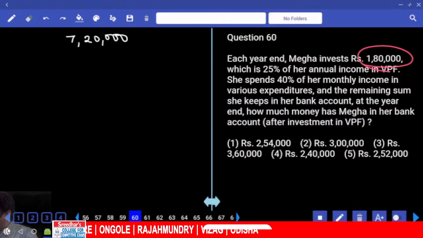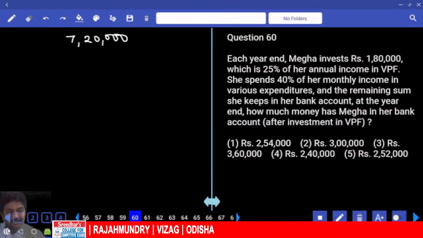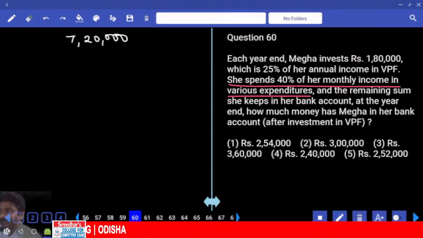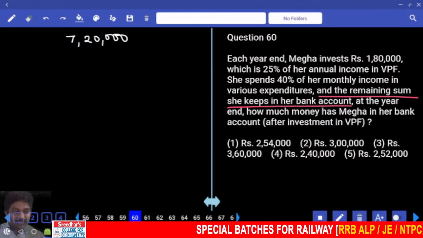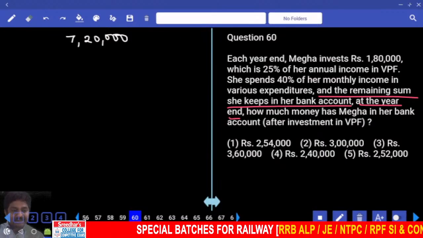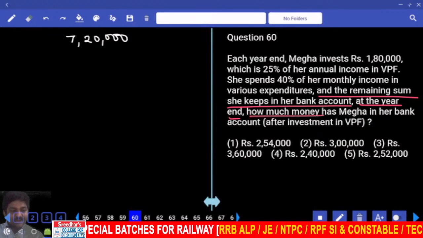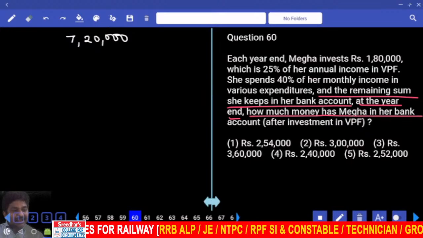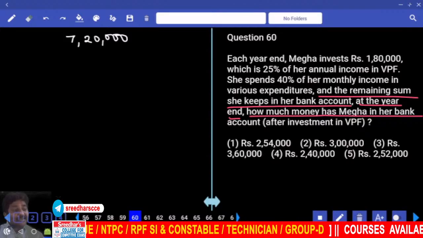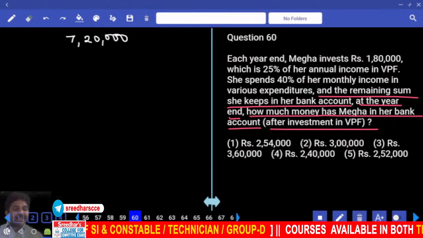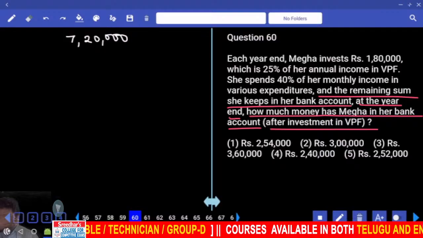That is her annual income. She spends 40% of her income on various expenditure. 40% spendings are there. How much is remaining? 60%. And the remaining sum she keeps in her bank account at the year end. How much money has Mega in her bank account after investment in VPF?